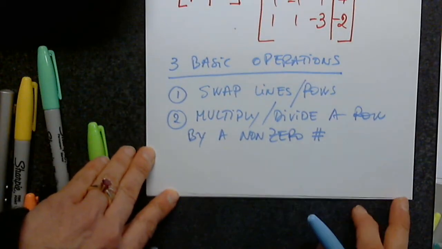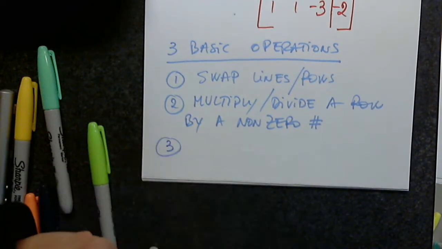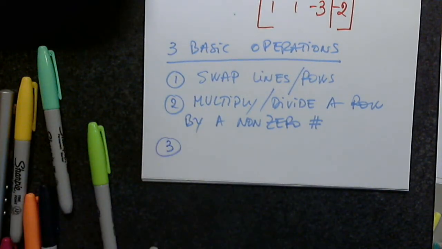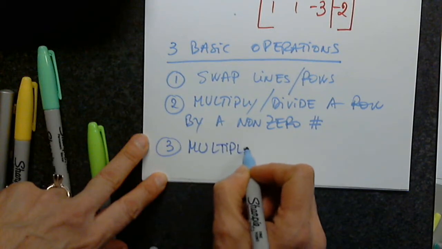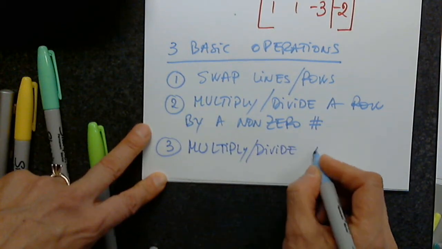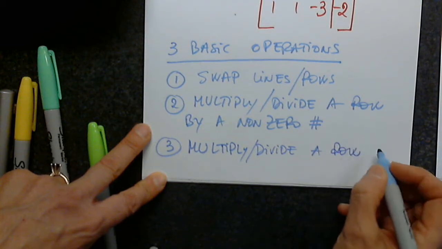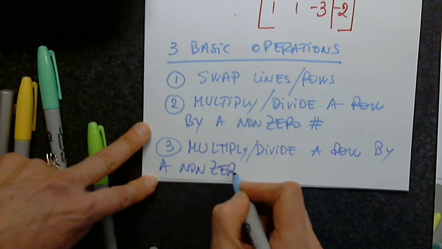Final possible operation, just three. And we have to stick within these three. We cannot invent anything else. Multiply or divide a row by a non-zero number.